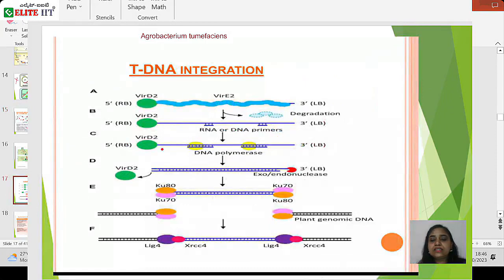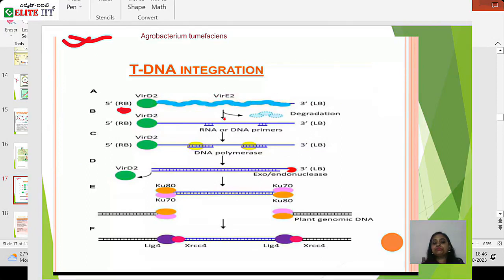Again, another thing is there. See here, how T-DNA integration is happening. It is written in a simple way. This is a very good slide. See the T-DNA, initially at the 5 prime right border, VirD2 is binding. I told you, at the 5 prime position right border, D2 will bind, and E2 is binding on the DNA.